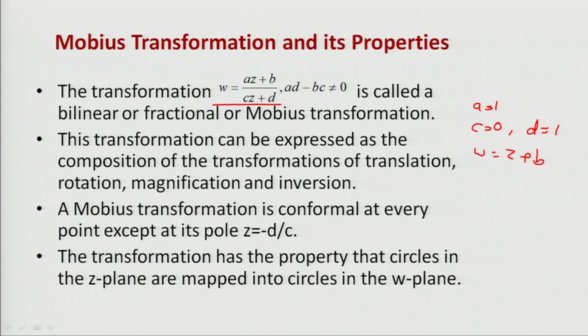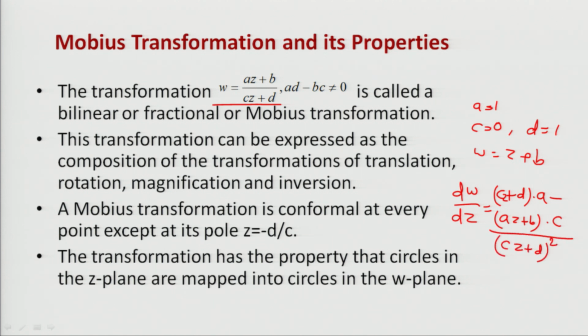Another point: a Mobius transformation is conformal at every point except at its pole. This is very good, you can describe it very easily. Suppose W is given, then you can find dW by dz, which will be the denominator Cz plus d into the differentiation of the numerator, minus the numerator Az plus b into the differentiation of the denominator, upon the denominator Cz plus d whole square.